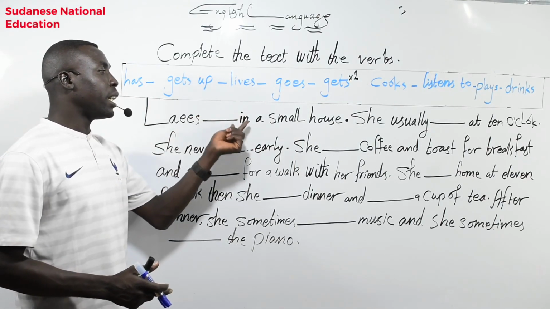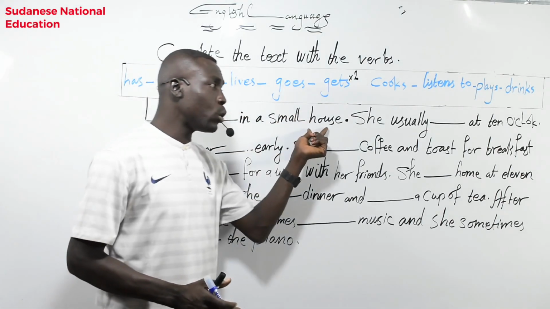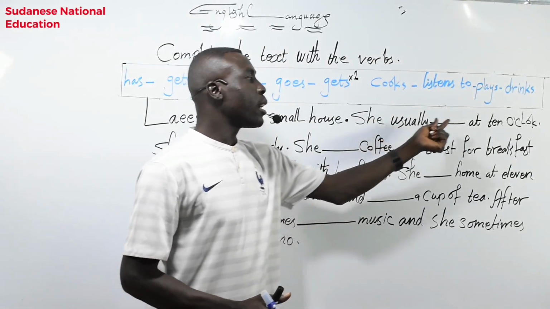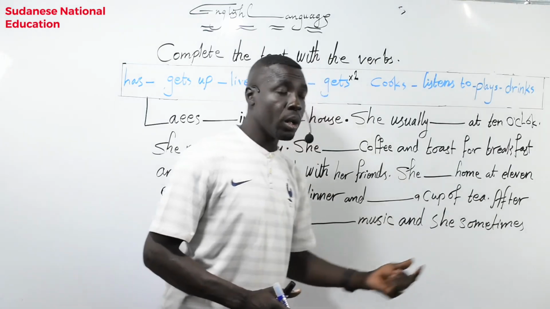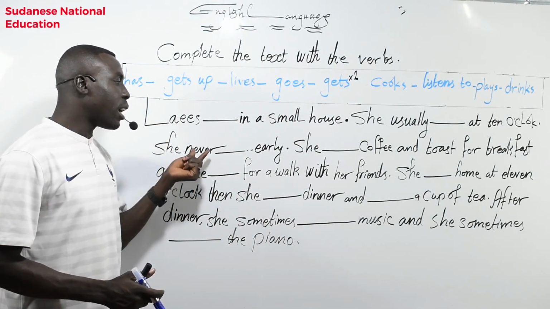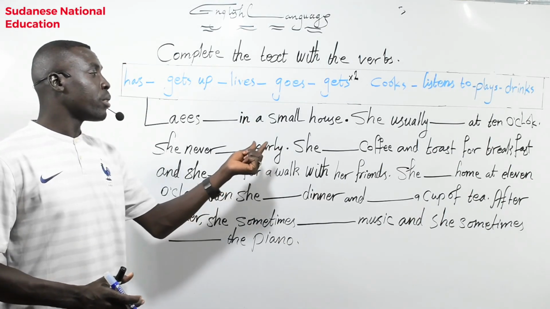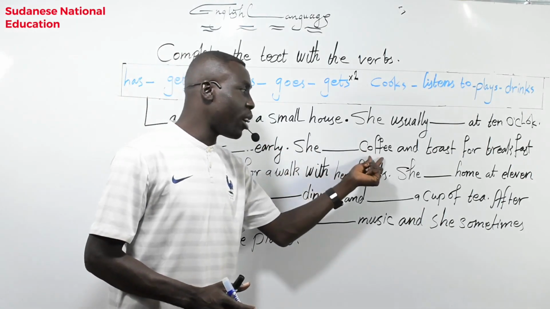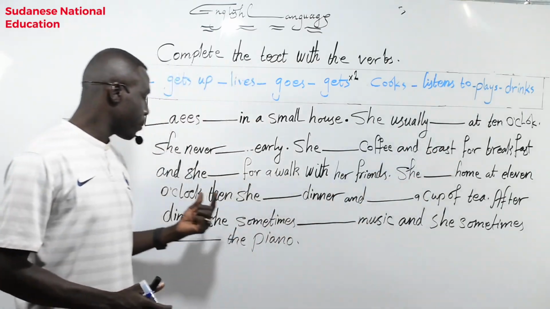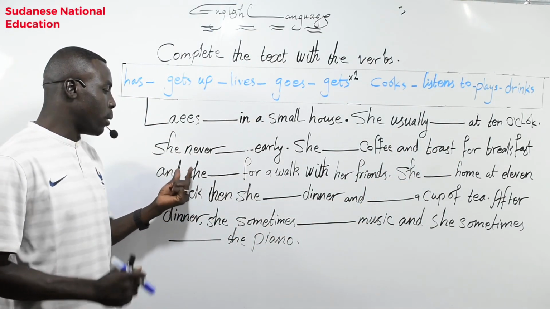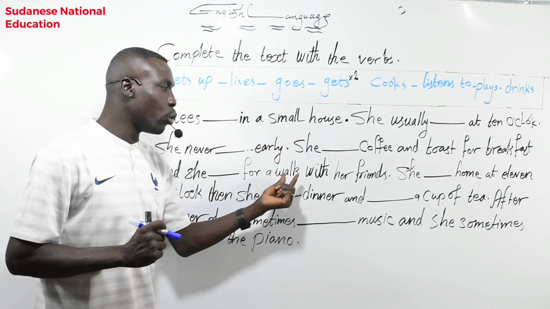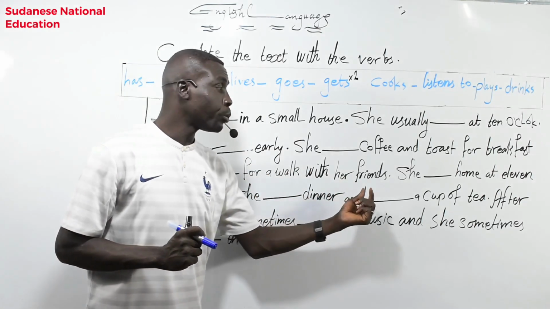Lemise in a small house. She usually at 10 o'clock. She never early. She coffee and toast for breakfast. And she for a walk with her friends.